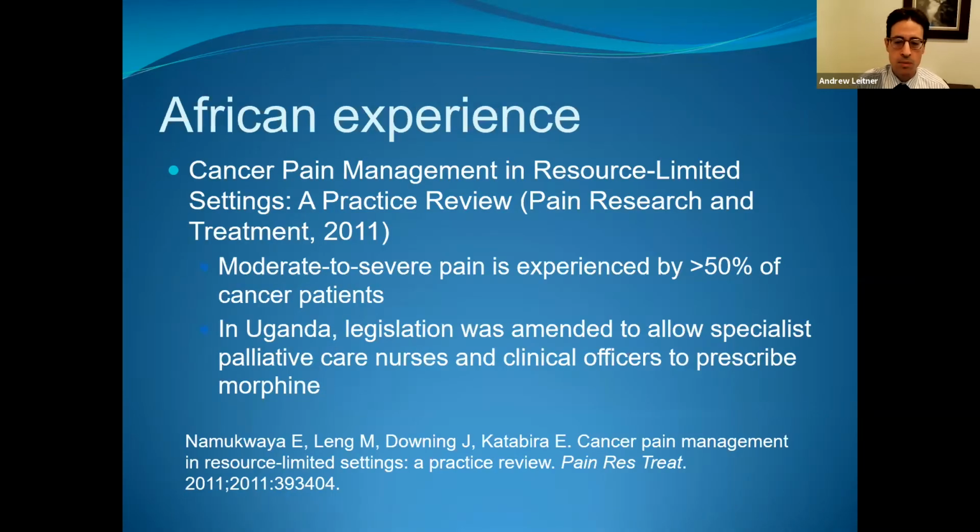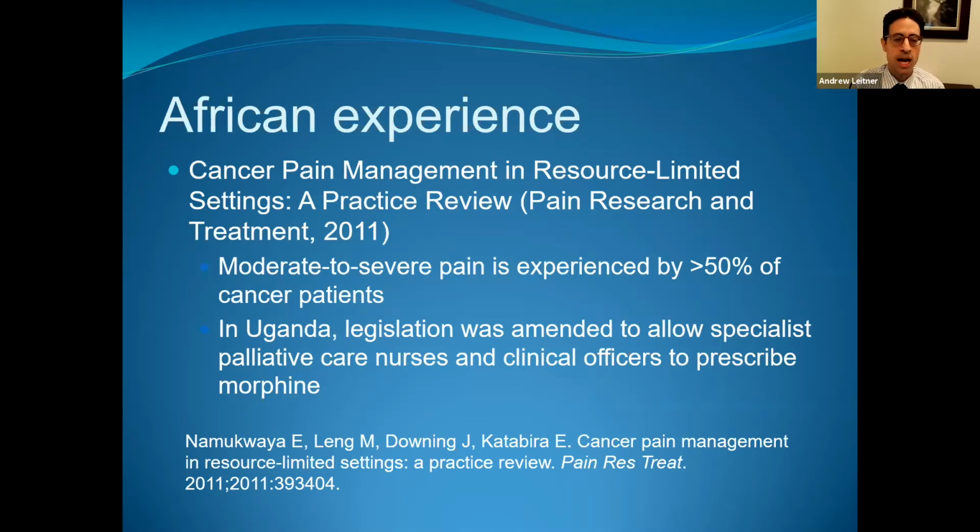I did look through because I wanted to understand some of the unique differences in resources and barriers to opioid therapy within Kampala and some of the African cancer centers. Some of you on this meeting may have been involved in this work or are familiar with it, so this was an education to me. But similar to the US, the prevalence of moderate to severe pain in cancer patients is high.